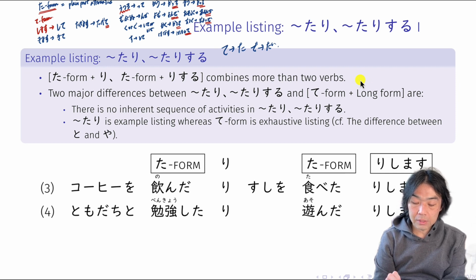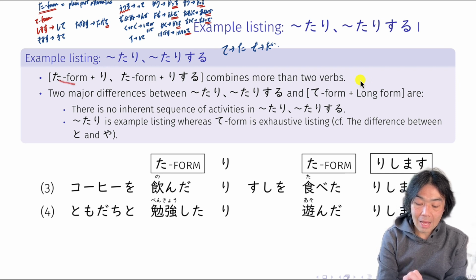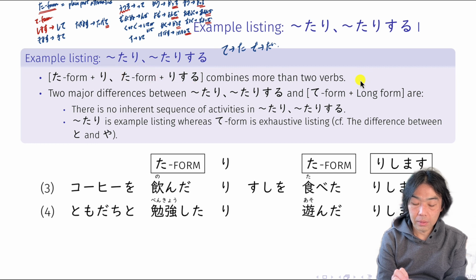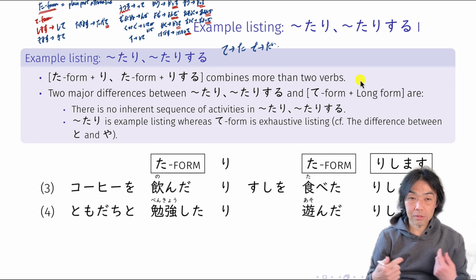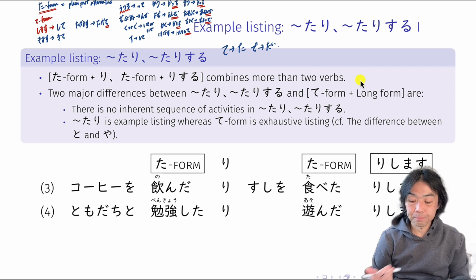So for example, we say 食べたり飲んだりする。Or 読んだり書いたりする。So that's how you use the two verbs, both of them in ta form.